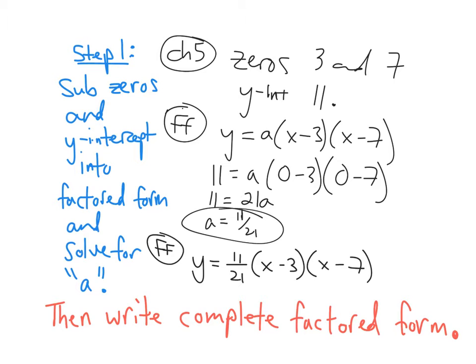Okay, so step one, we're going to sub the zeros and the y-intercept into factored form and solve for the a value. Then write complete factored form at the end of step one.